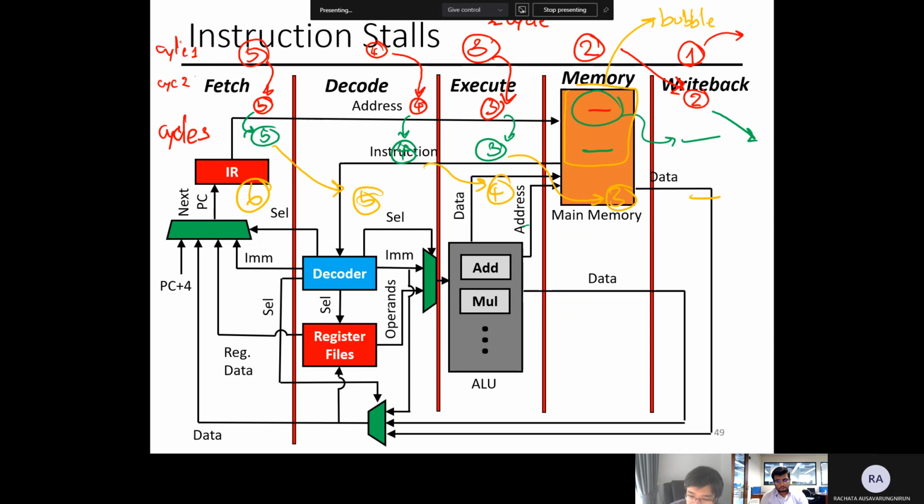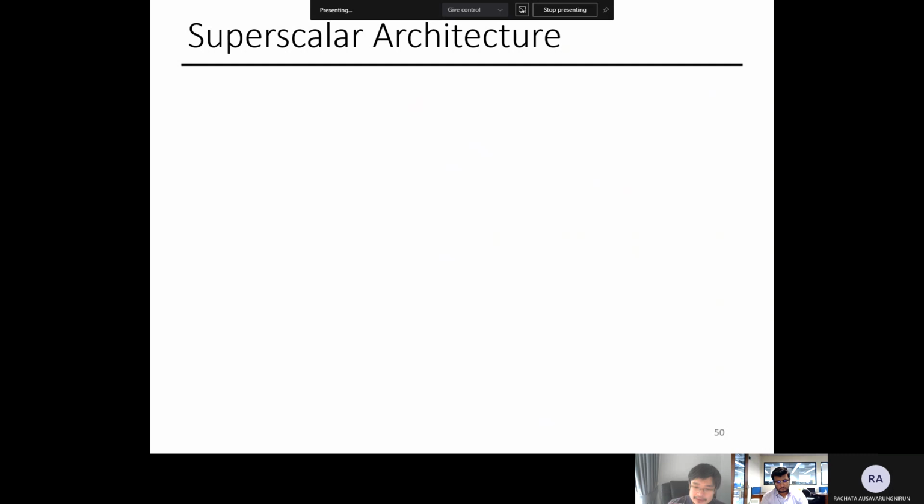All right. And one more thing is, in case, let's say my program by default uses a lot of multipliers. Can I add more multipliers to do things in parallel? Yes. This is called the superscalar architecture. We will go into more detail later when we talk about another technique called out of order scheduling.